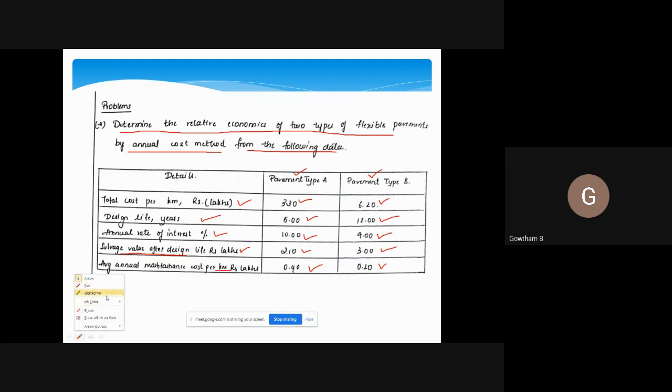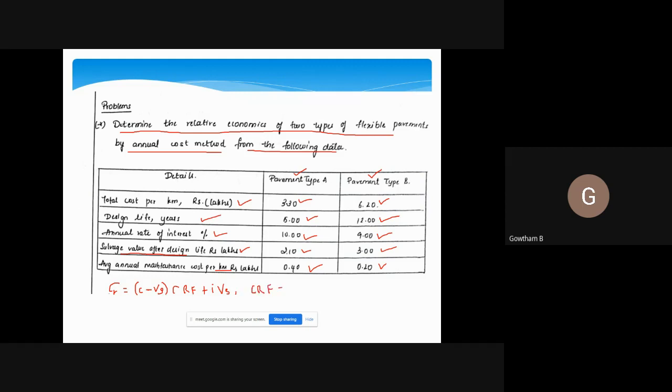So the formula when salvage value is given is: C R is equal to (C minus V suffix S) into CRF plus I into VS. Where CRF stands for what?